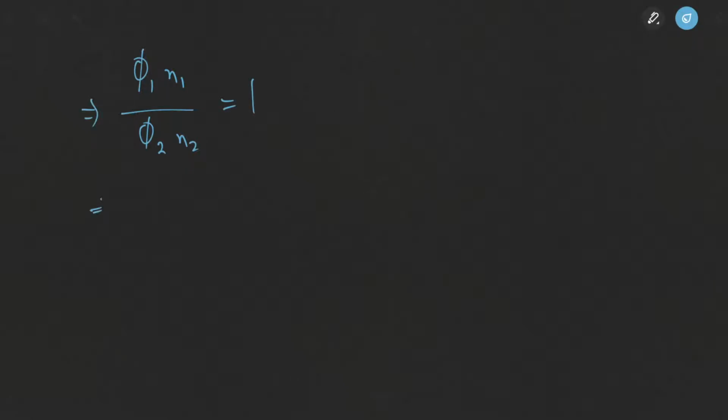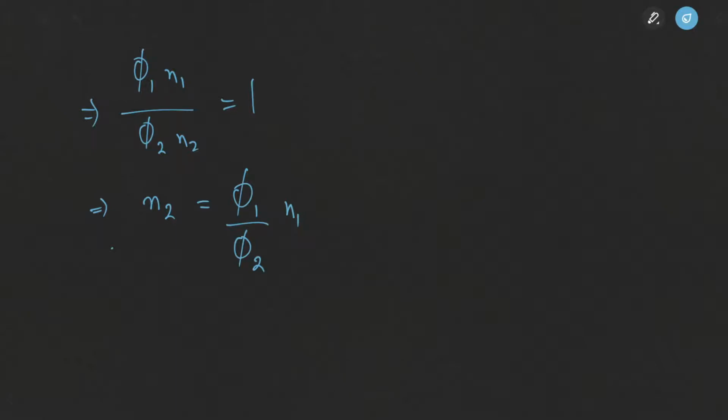Therefore N2, the speed that we want to find out, is equal to phi 1 divided by phi 2 into N1.